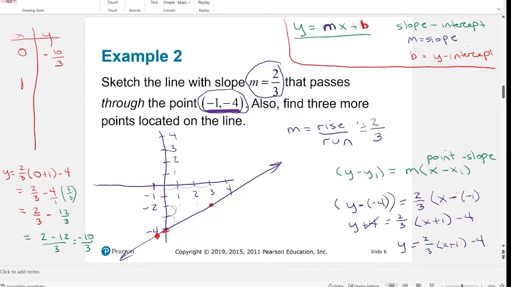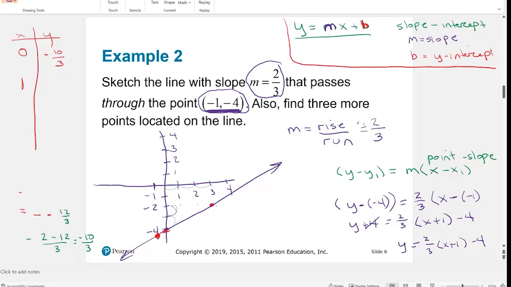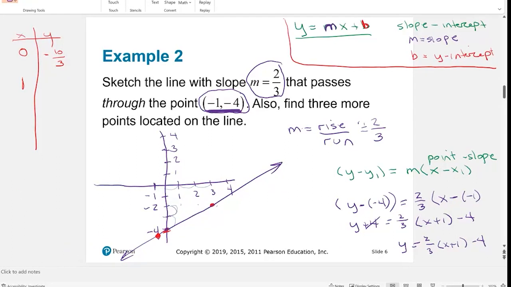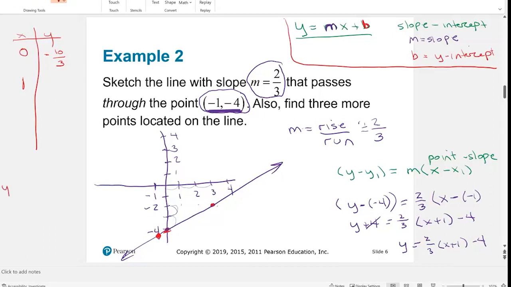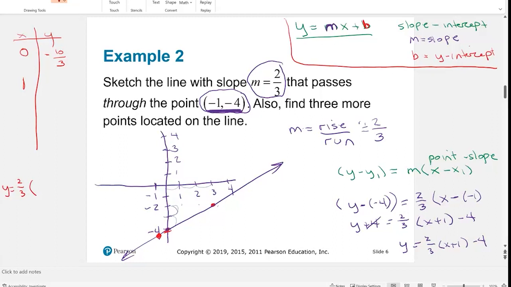And then I can just do the same for another number when x equals 1. I'm going to use the same space, so just go back and pause it if you wanted to write down what I'm erasing here. So I have, again, y equals 2/3 times, well, this time x is 1. 1 plus 1 is 2, minus 4.